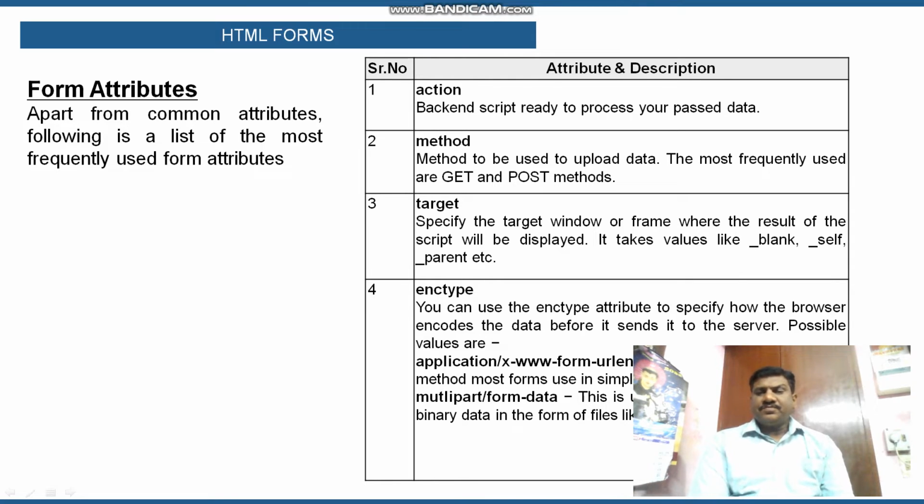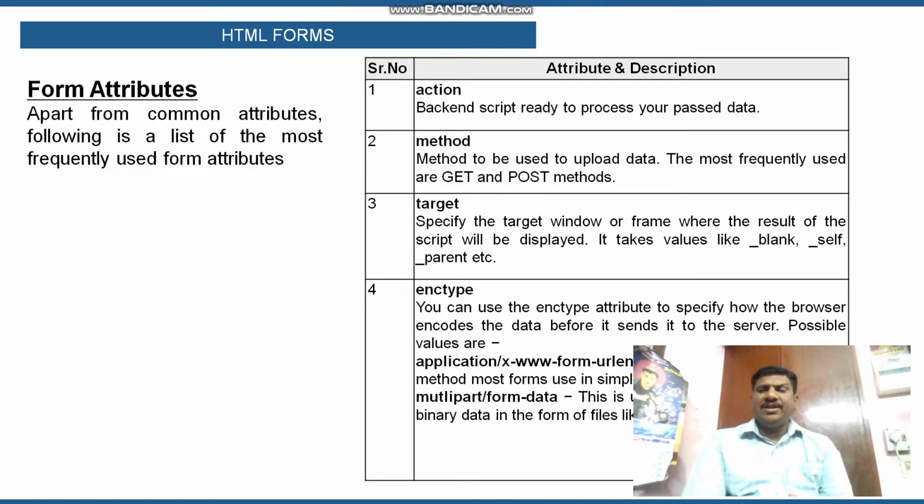Target: when I am getting a result from this particular page, where the resultant page has to be displayed. Suppose I click a submit button. After clicking the submit button, I will get a message or I will be transferred to the next page. Where should this next page be displayed?